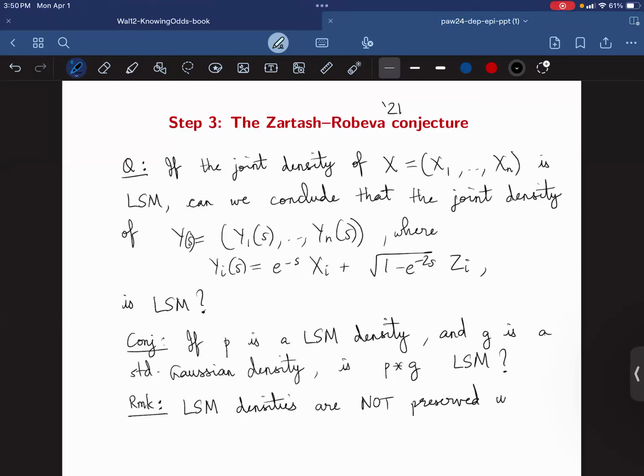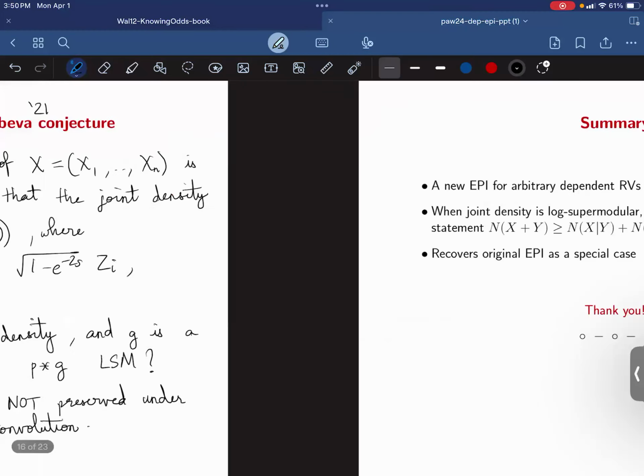So just taking the convolution of two log supermodular densities does not result in a log supermodular density. There are counterexamples that go back many years, and therefore what is of interest here is a more delicate statement that one has preservation of log supermodularity under convolution with some special kinds of distributions, in this case the Gaussian, right?